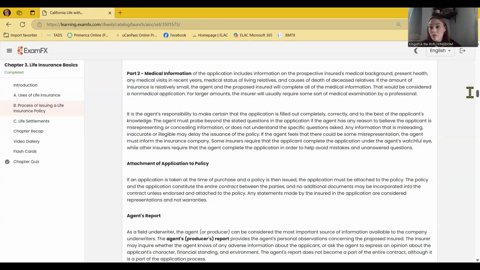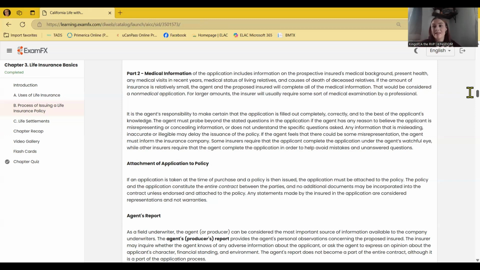Now, for a medical application, this is for people who want more than 300,000 in insurance benefit. Okay, so if they want $500,000 of insurance benefit, right, they're going to have to give blood and do some kind of physical examination by a professional.